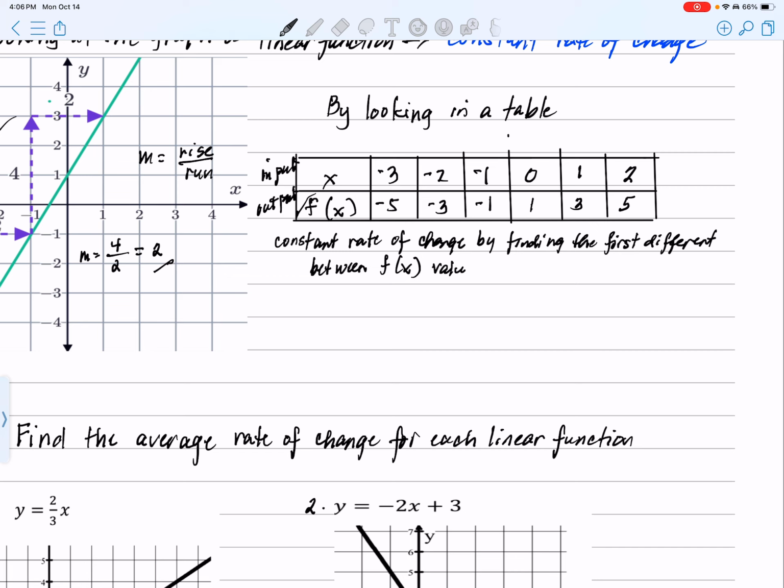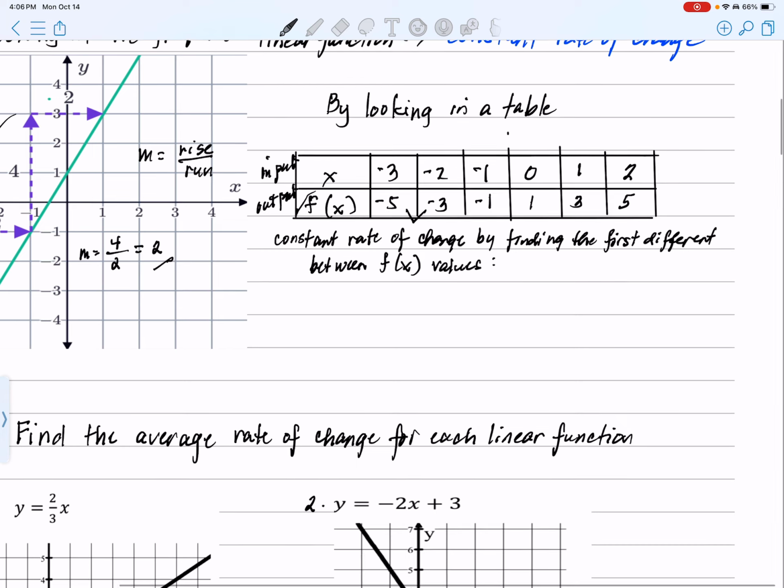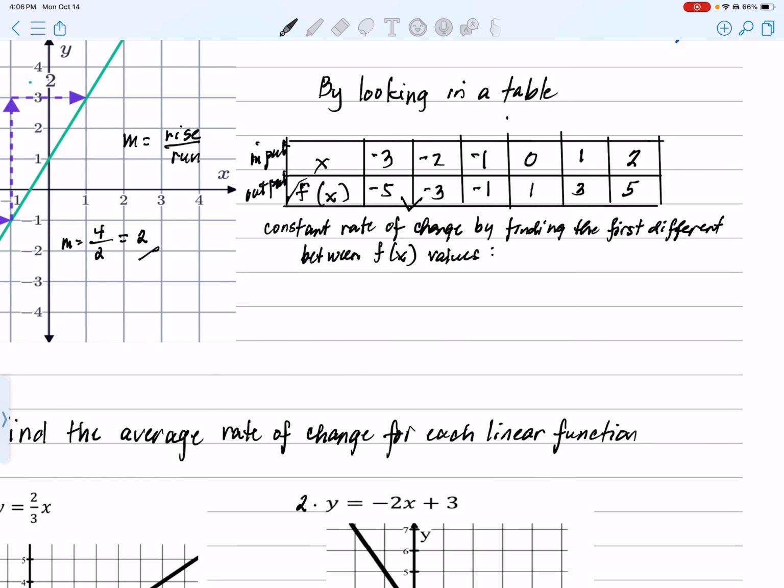Let's start. I will get the difference from this interval. So -3 minus -5. What will happen?